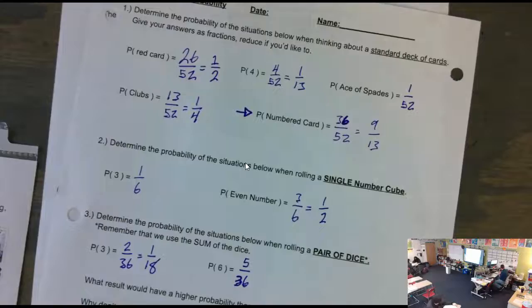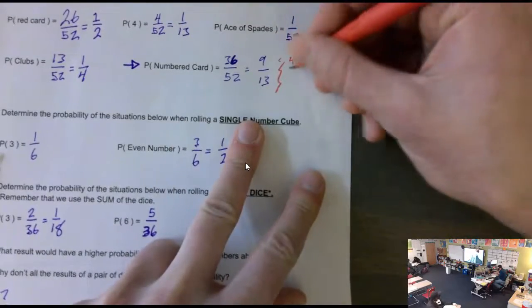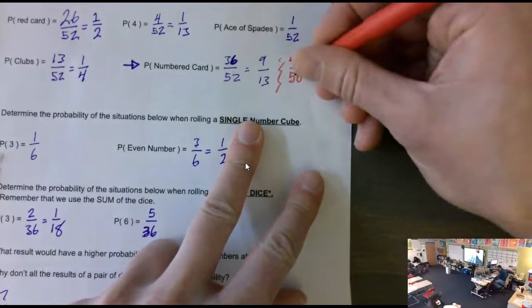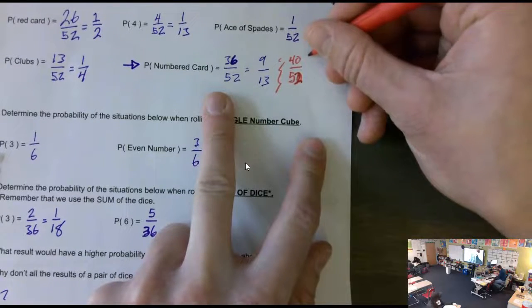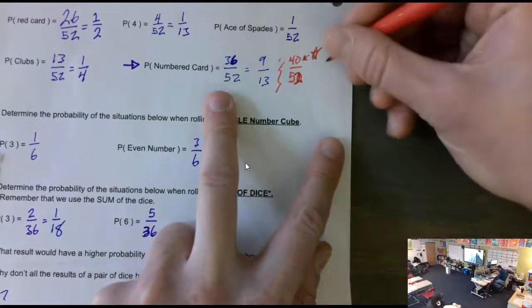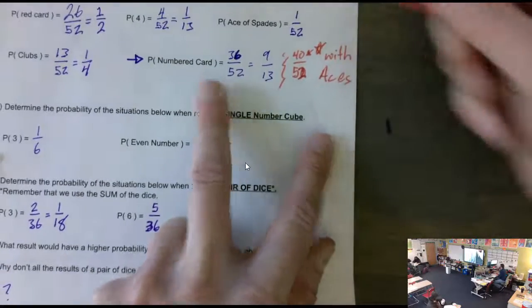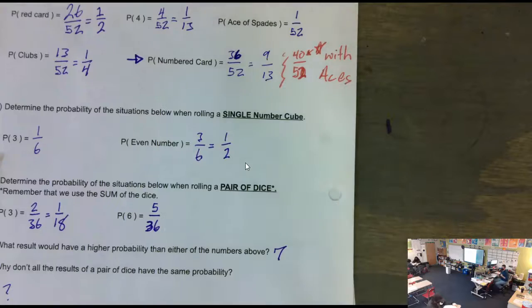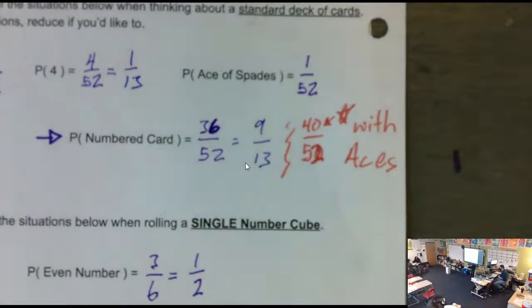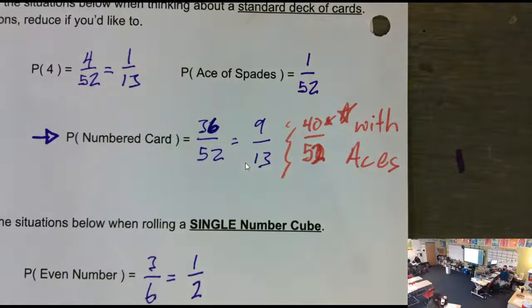So if you have 40 here, here's what I want you to do. Put a star next to it and write, with aces. If you had 36, you're totally fine. 36 is the answer I was looking for. But if you counted the aces, some of you did, you thought they were 1, because we talked about how a lot of times they have the value of 1.